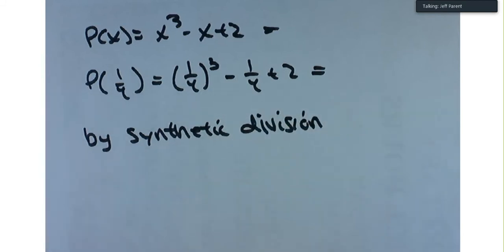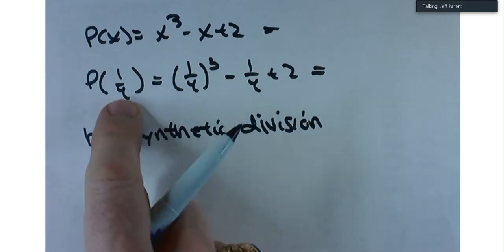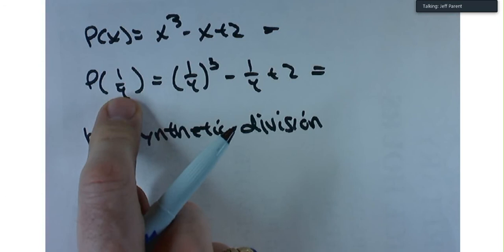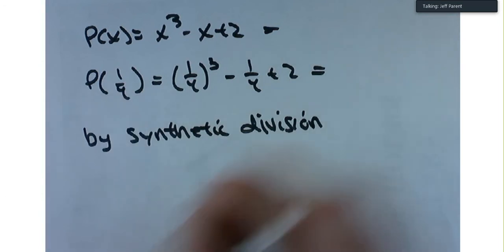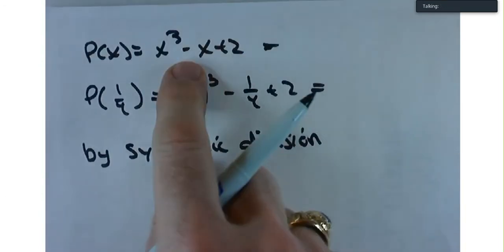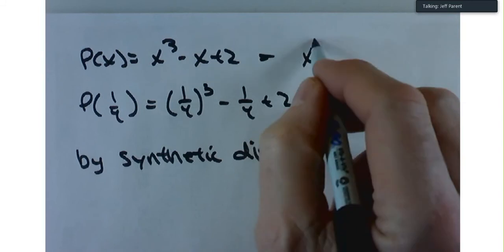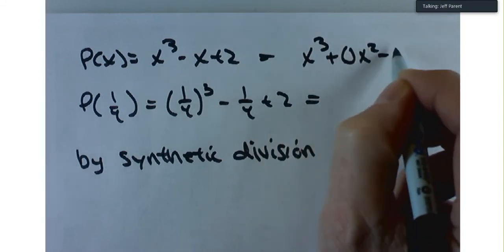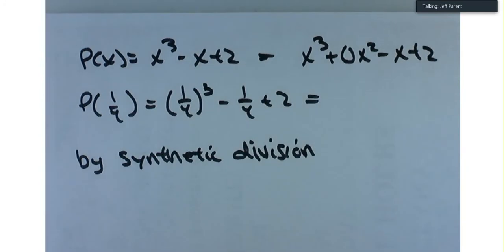and this is the only kind of tricky or annoying part: when we're dividing using synthetic division, you have to change the sign. But if you're evaluating it at some number, you don't have to change the sign. Let me note something important. This is x cubed plus 0x squared minus x plus 2.